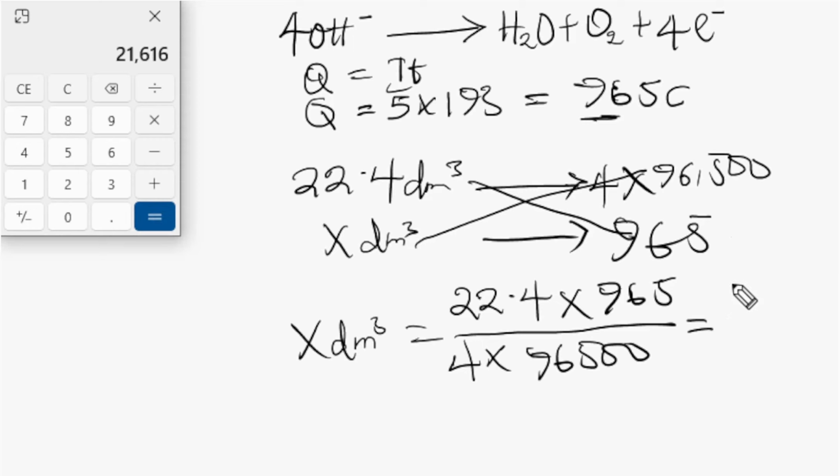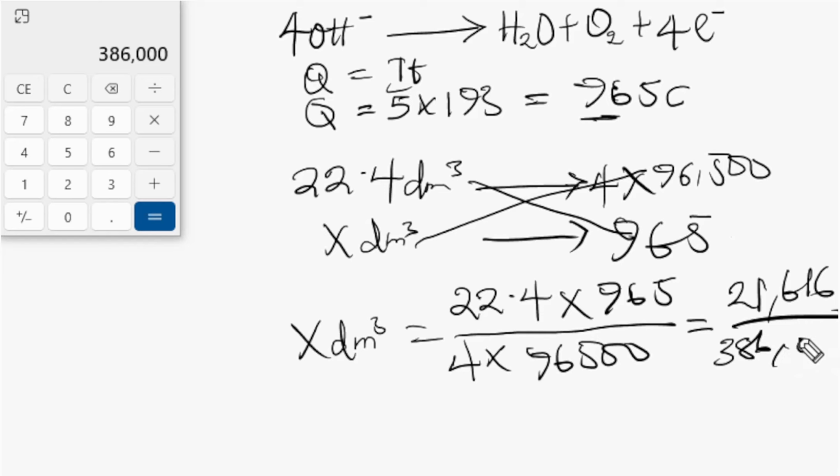So let's write 21,616 over 4 times 96,500. That's 386,000. So when we divide this, let's see what we'll have.